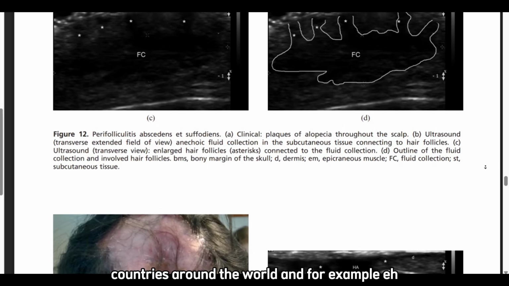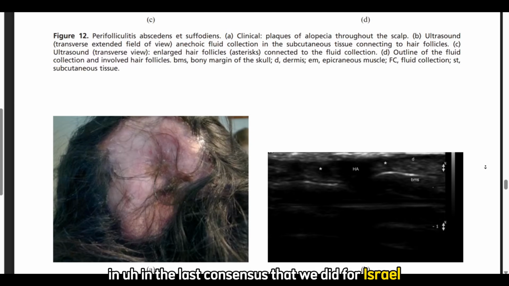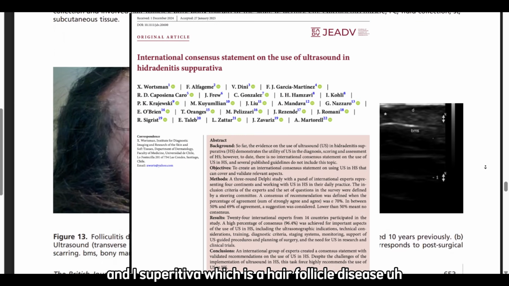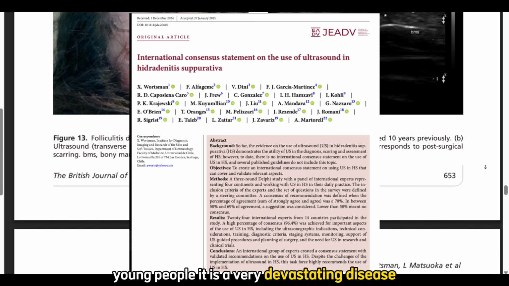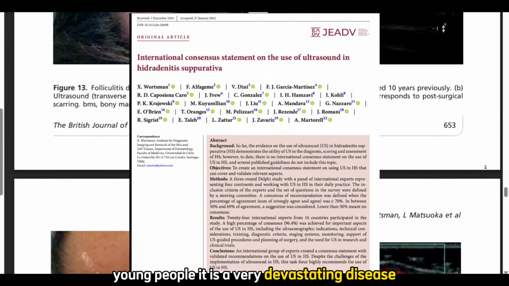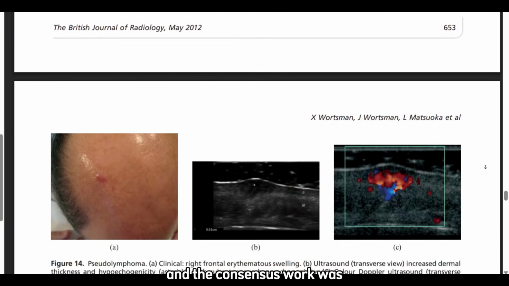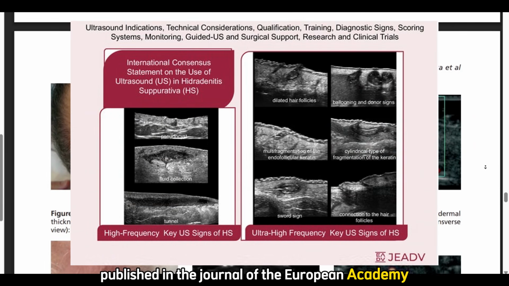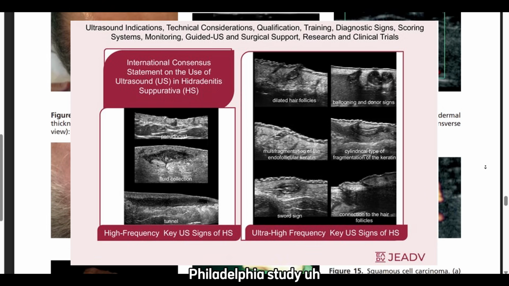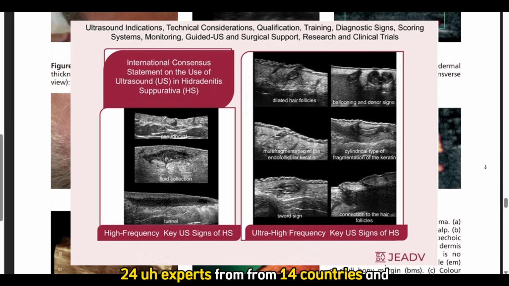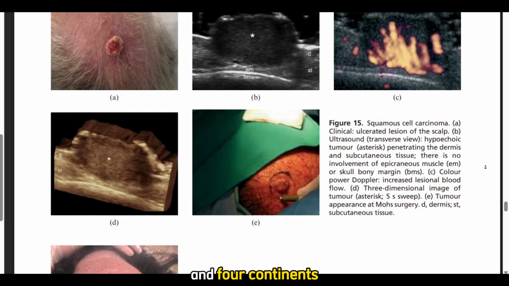And for example, in the last consensus that we did for hidradenitis suppurativa, which is a hair follicle disease that affects young people, a very devastating disease, we just published a consensus in the Journal of the European Academy of Dermatology, and it included in a Delphi study 24 experts from 14 countries and 4 continents.